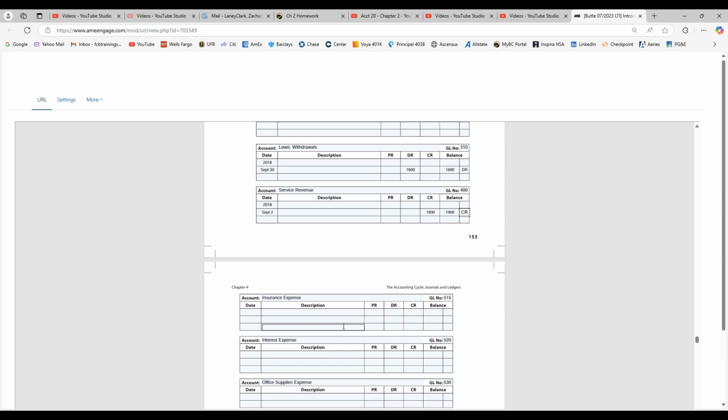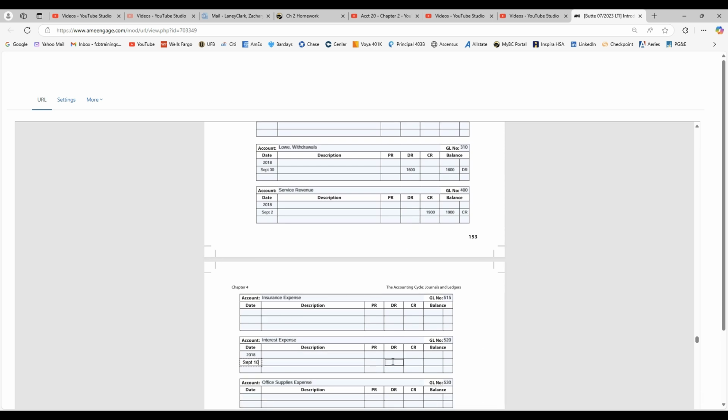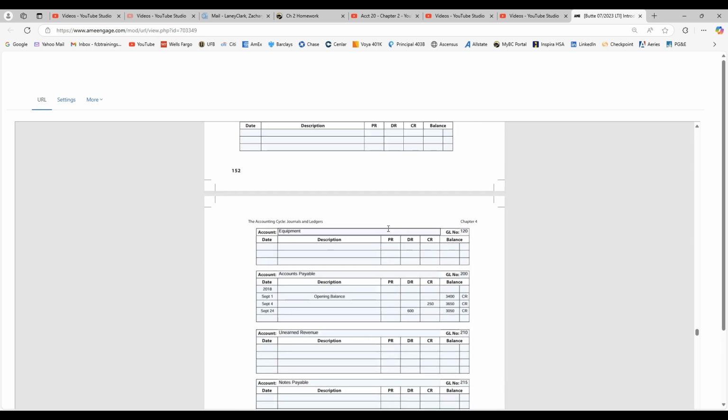And then the one I'll just show you just for the heck of it, let's do an expense account. September 10th, we paid $40 of interest expense. That was a debit with the credit to cash being the other side here.